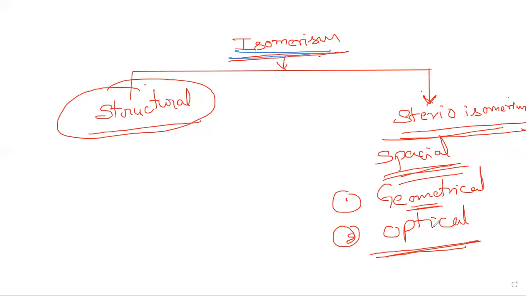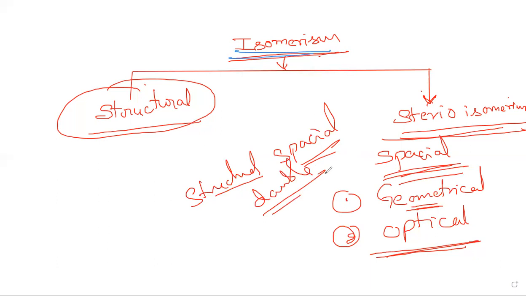Geometrical isomerism is a phenomenon where organic compounds have the same structural formula but differ in the spatial arrangement of atoms or a group of atoms about the double bond. These are called geometrical isomers.